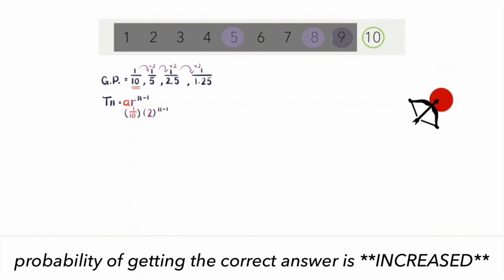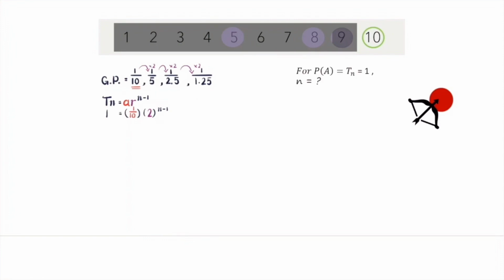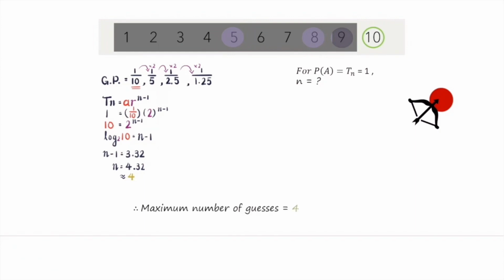When the probability of getting the correct answer is reduced to 1, to find n, we just have to shift the numbers by converting index to log. And the value of n is 4.32, which is approximately 4. Hence, the maximum number of guesses needed is 4.